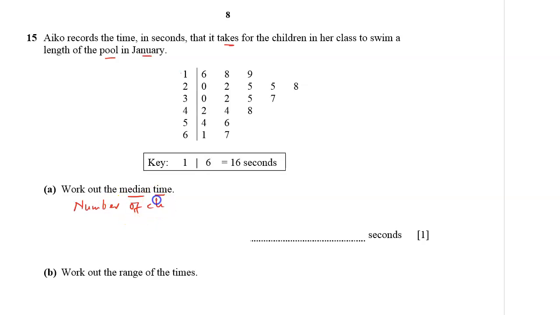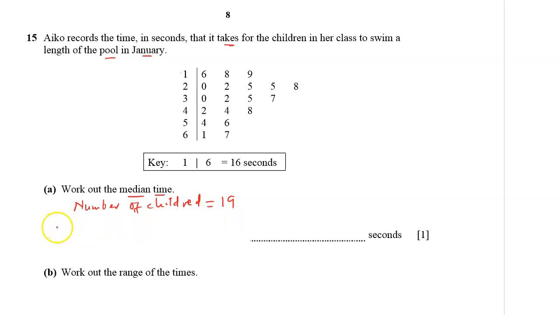To get the number of children, you need to count all the timings for each child here. So starting from 6, 1, 2, 3, 4, 5, 6, 7, 8, 9, 10, 11, 12, 13, 14, 15, 16, 17, 18, 19. So we have 19 children, all right?